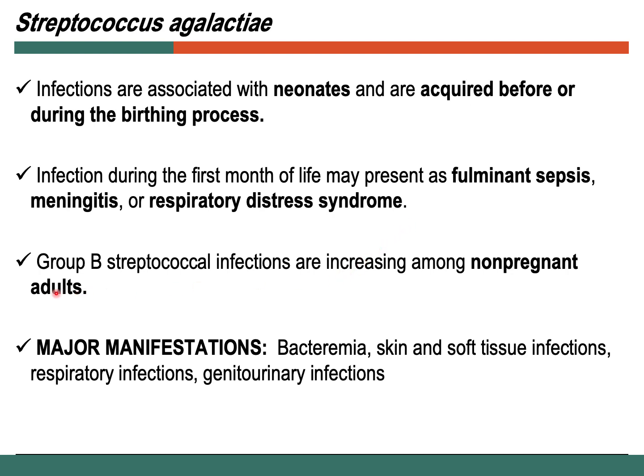Okay, as I said, group B streptococcal infections are increasing among non-pregnant women as well. The major manifestations of Streptococcus agalactiae are bacteremia, skin and soft tissue infection, respiratory infection, and genitourinary tract infection.